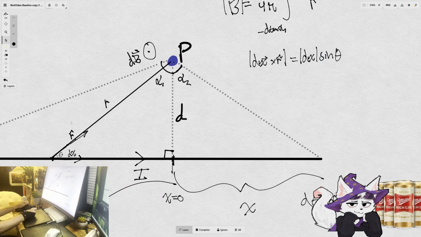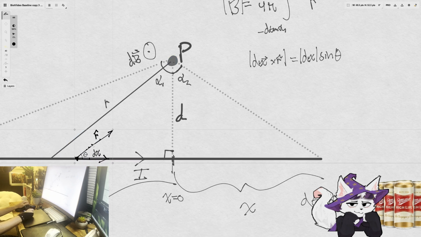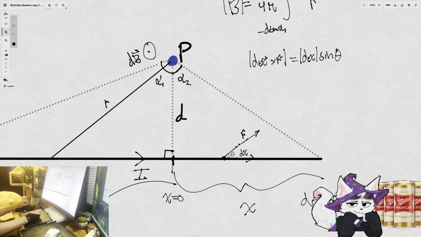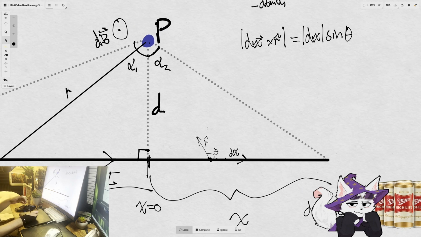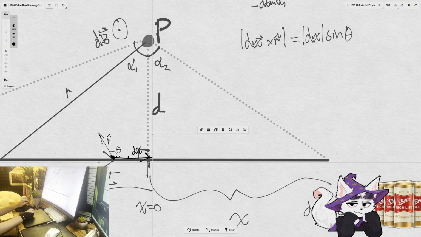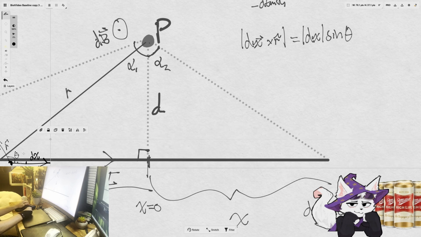Now let's study our vectors again, and note that as we move these along our x-axis, our r hat changes, meaning that the angle between our two vectors is changing as well. So now we're just left with this here. Now it's hinting at us that we can express our theta in terms of our x value.